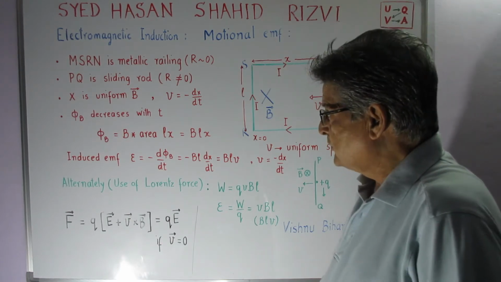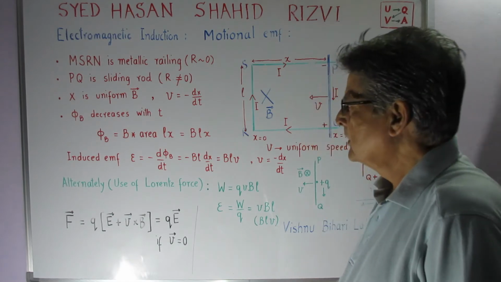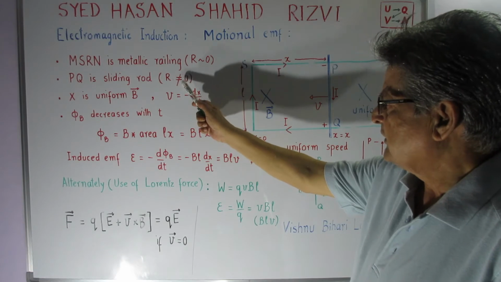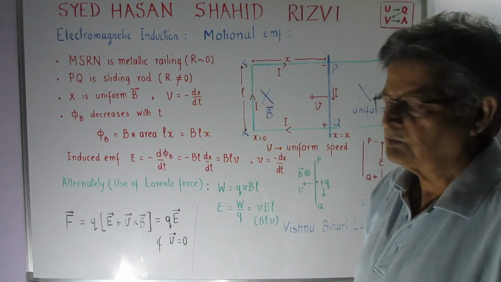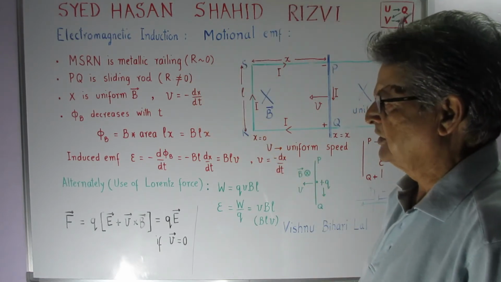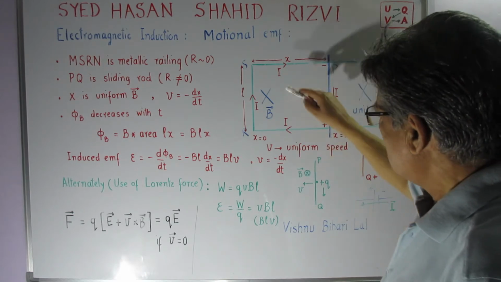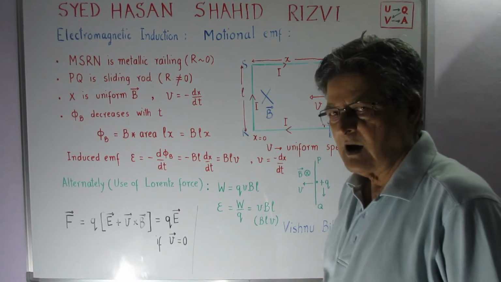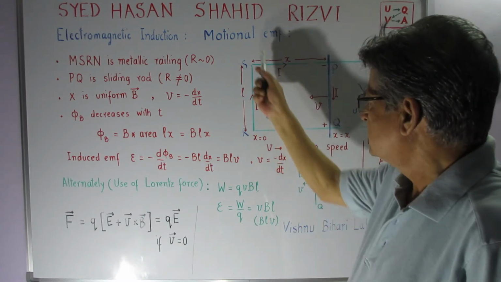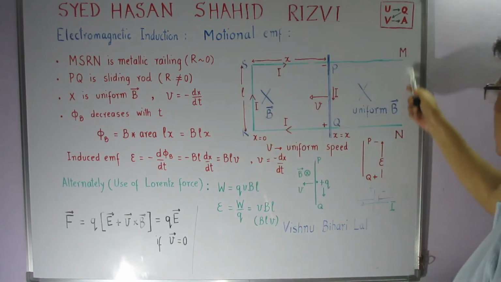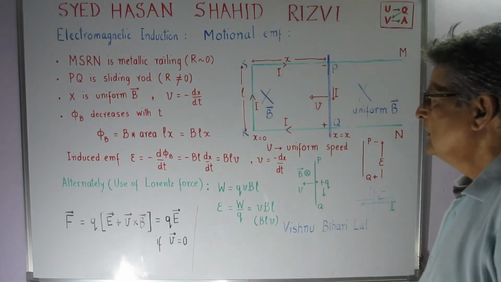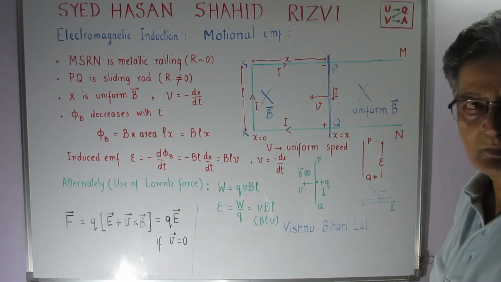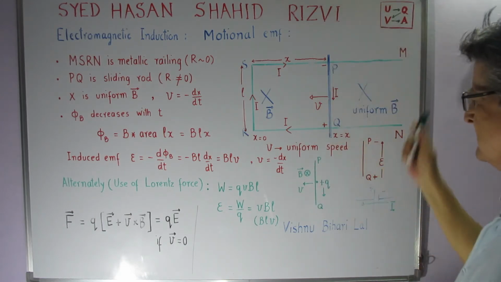But right now we'd like to make our life simple. So the sliding rod has a resistance which is not equal to 0. It has some resistance associated. Now these crosses show that in this entire area there is a magnetic field which goes into the board, everywhere.